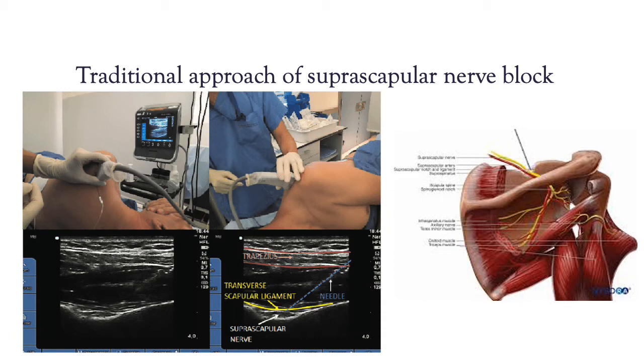So you put your needle lateral to medial or medial to lateral, pass through the transverse scapular ligament, and inject around 5 mil of local anesthetic, and you can reliably block the suprascapular nerve. If you want to use nerve stimulation, what you will see is the twitching of the supraspinatus muscle just above the transverse scapular ligament.